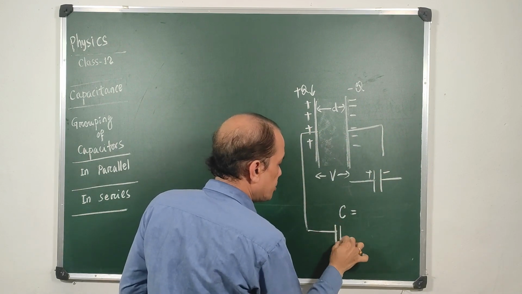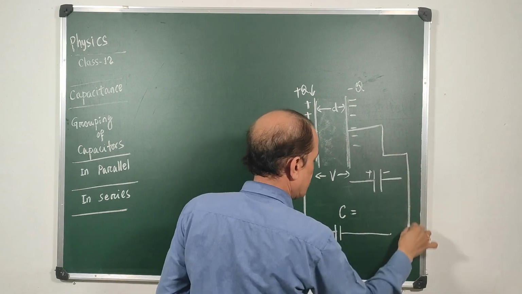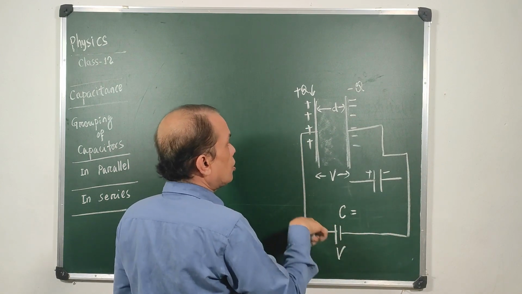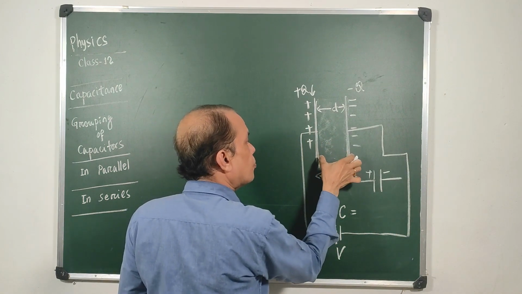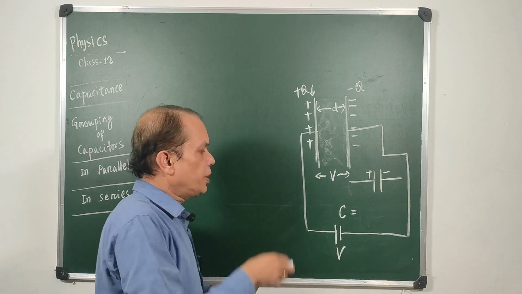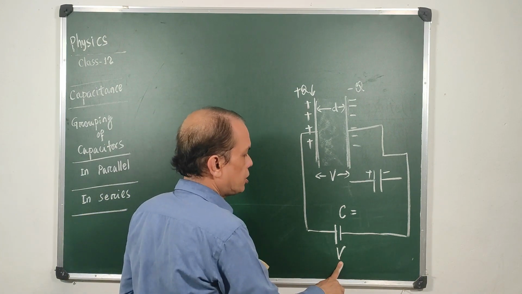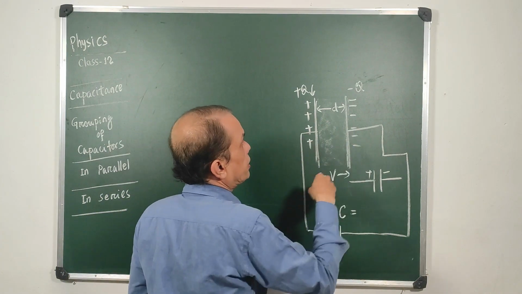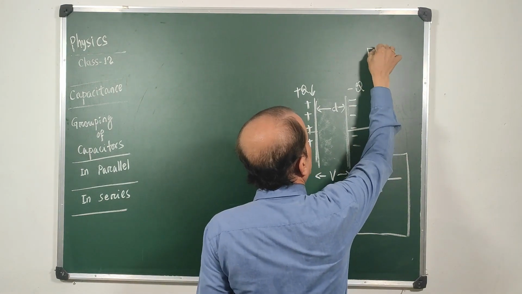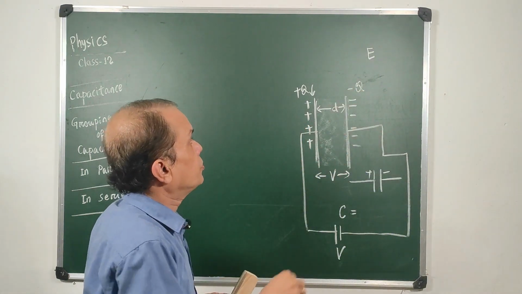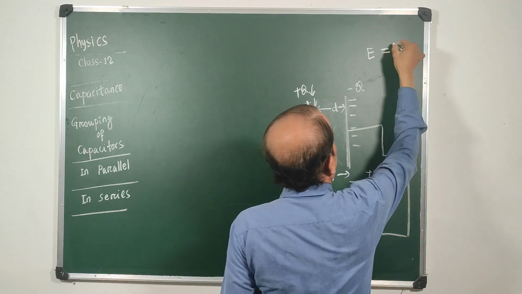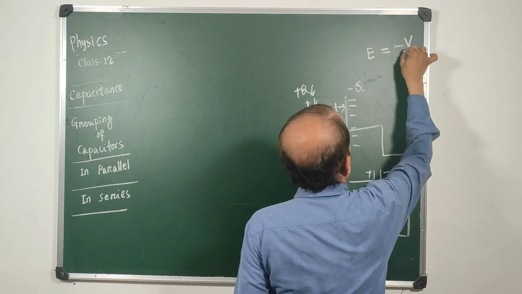connection, suppose there is a potential difference here, so between the plates there will be an electric field depending upon this potential difference V and this distance d, and you know electric field E is the negative potential gradient, so minus V by L in your book.